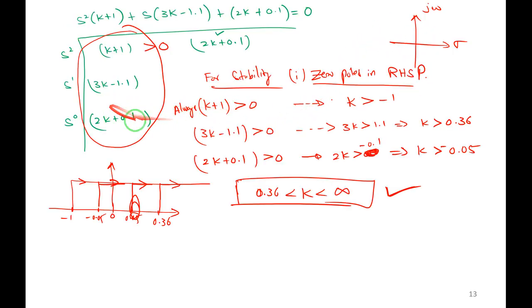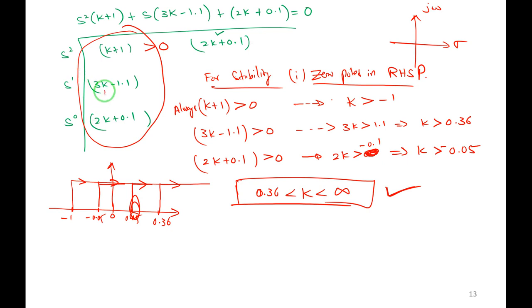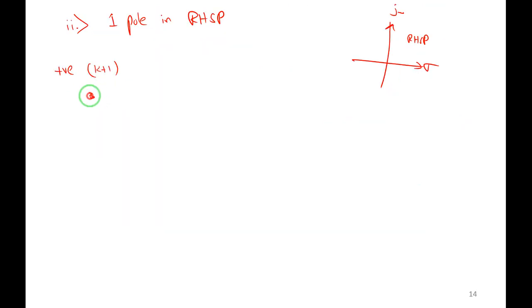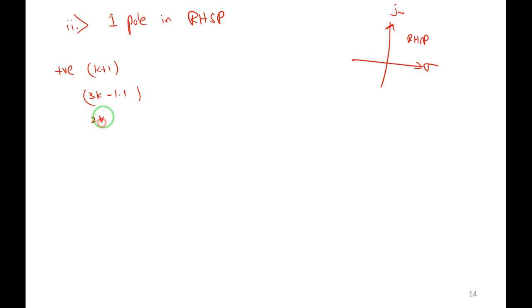When one sign change comes, we will see these elements. I will write the first column elements: k plus 1, which is always positive, the next 3k minus 1.1, let me put the condition later, and 2k plus 0.1. These are the first column elements.